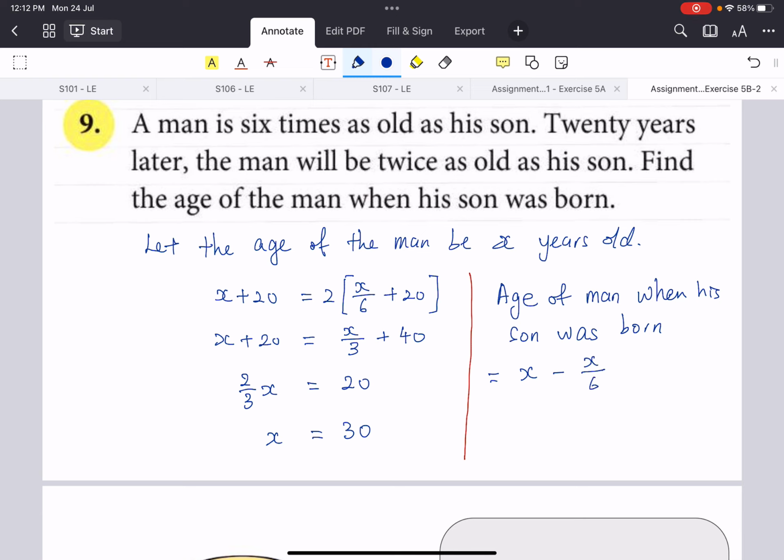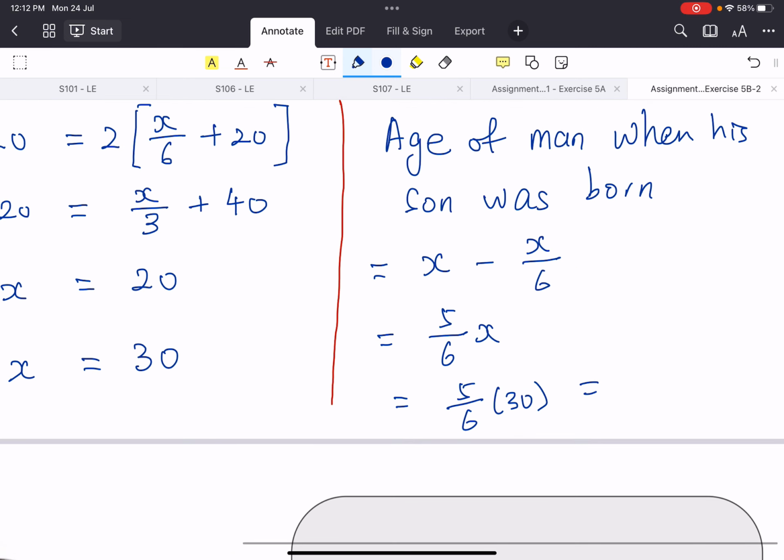So this is actually 5/6 of x. Since x is 30, this will be 5/6 of 30, resulting in 25 years old.